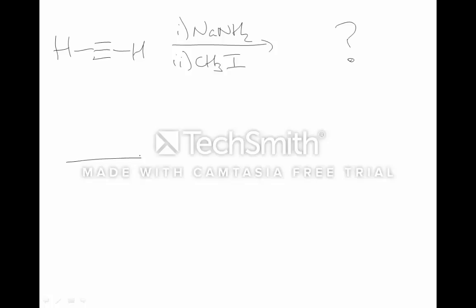And then do the same thing, NaNH2, ethyl chloride. And I'll give you that product. So take that home and think about how you get to this product. We're just doing it twice. Deprotonation.